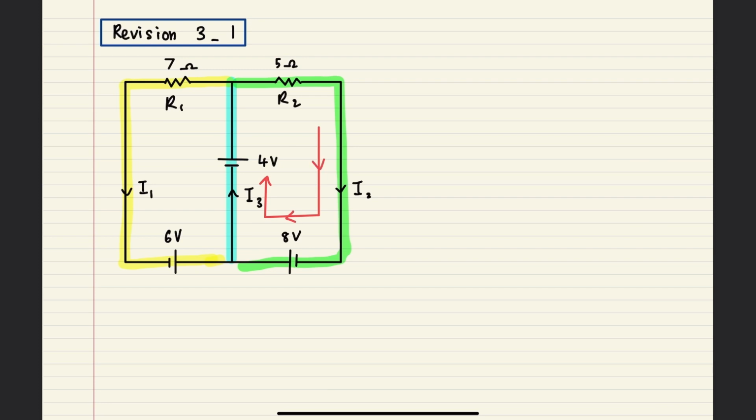Okay, and then the middle one here is shared by loop 1 and loop 2, like this is my loop 1 and this is my loop 2. Since the middle part is shared with both loops, I'm going to follow the right hand side, so it will be upwards in the middle there.